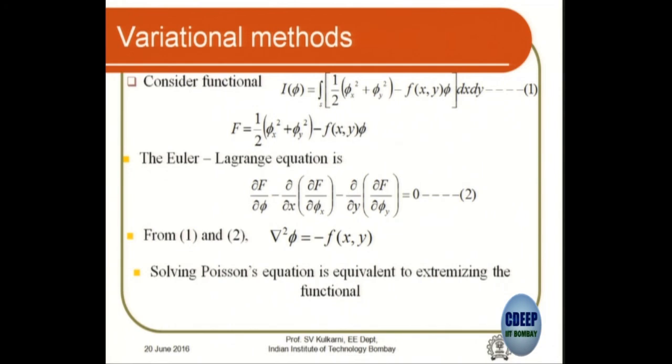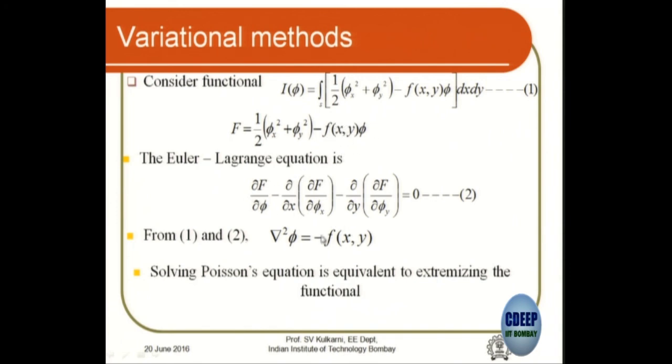So this is the Euler-Lagrange equation for two independent variables, and now you substitute f here. This expression of f you substitute in equation 2, and you will simply get this. I will just show you this one term. For example, del f by del phi will be simply minus f, is it not?